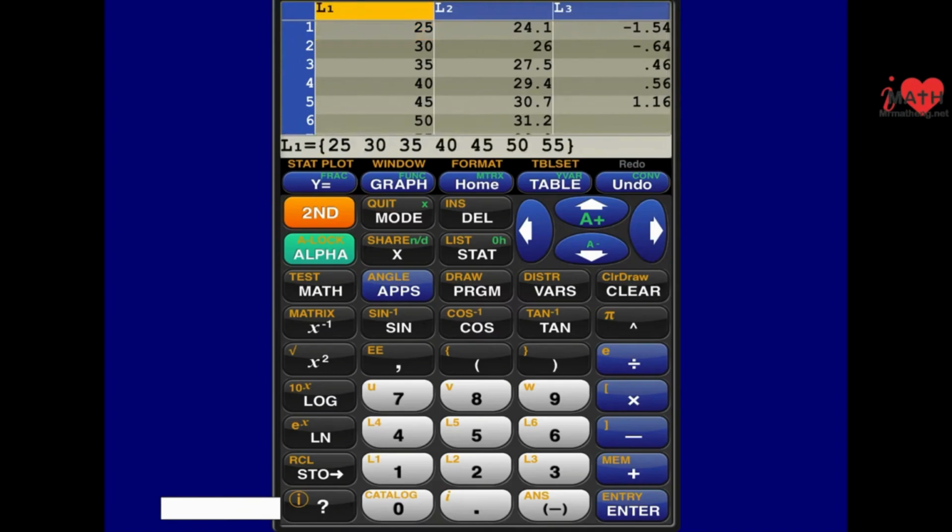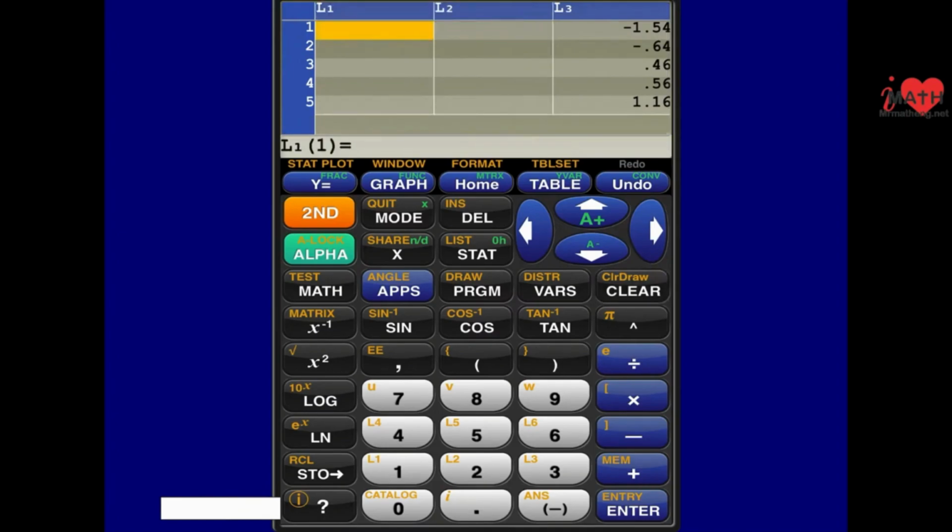Let's try that again. Maybe I didn't input it. I don't remember. 0, 2, 5, 9, 16. Enter. And then 197, 225, 290, 400, and 695.